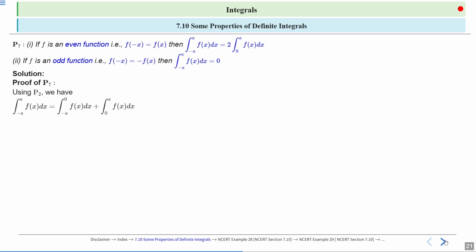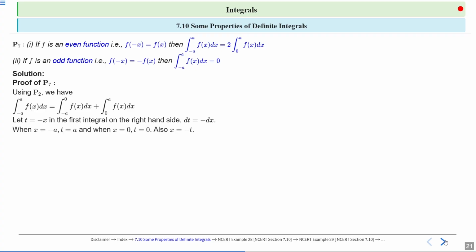So using P2, the splitting property, we can split the interval. At first we split it as minus a to 0 and then 0 to a. So our interval is minus a to a, and we write it as the integral from minus a to 0 of f(x) dx plus the integral from 0 to a of f(x) dx. Let t be equal to minus x in the first integral on the right-hand side. So dt is equal to minus dx.